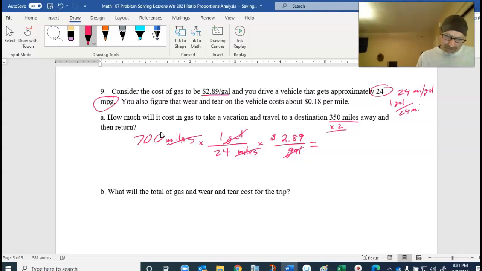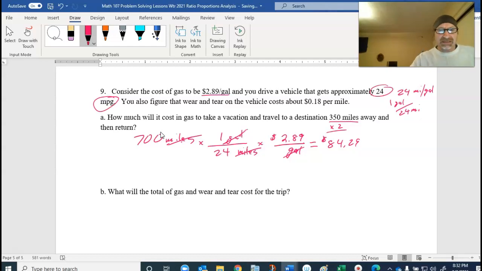And so we get 700 times 2.89 all divided by 24. We can do that in one fell swoop. I'm getting $84.29 and some little odd change there.